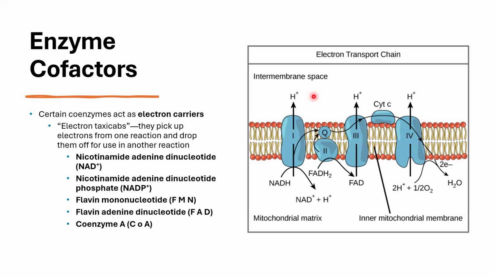What we see in this image is how electrons are being transported through this electron transport chain to generate electrons and protons at the end. We'll talk more about that when we get to aerobic and anaerobic respiration.